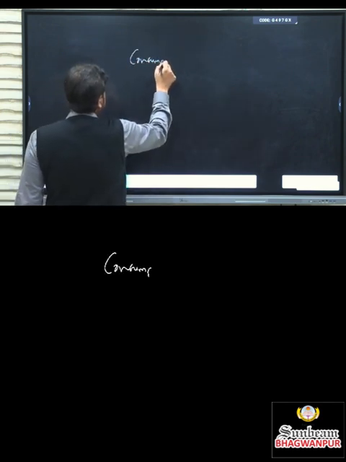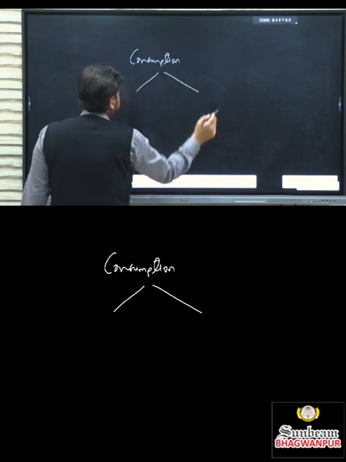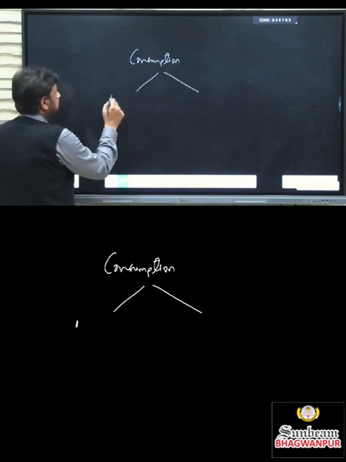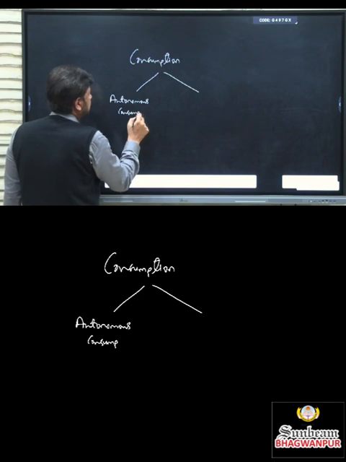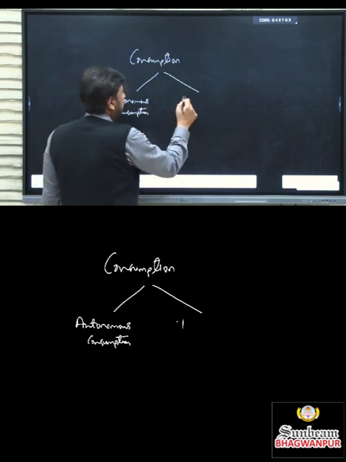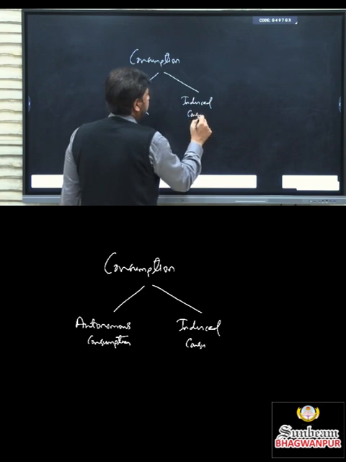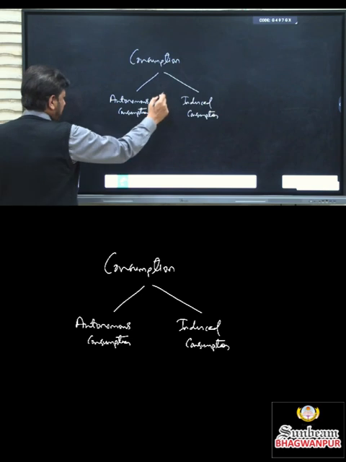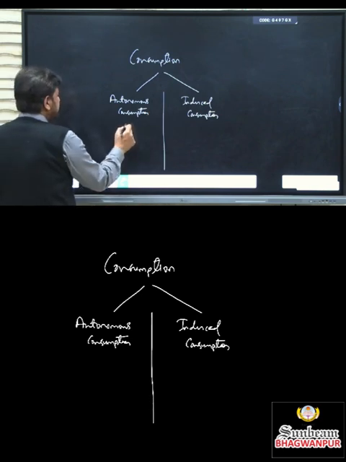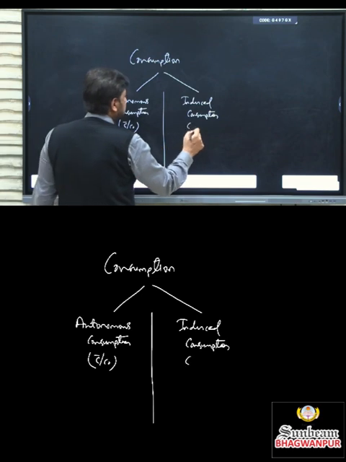Consumption. There are two types of consumption: autonomous consumption and induced consumption. Autonomous consumption is denoted by C bar or C0.